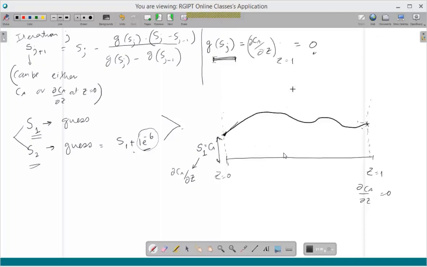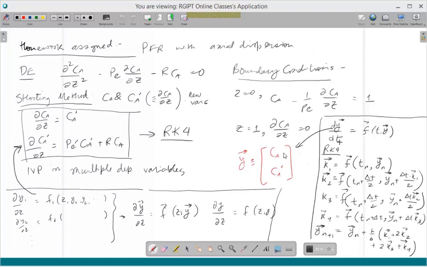Remember, your method allows you to solve for both CA and CA prime, which is del CA by del Z. You get these values at each intermediate point because you're solving for y. If you recall, this is my equation. When you solve for the y vector, you're actually solving for both CA and CA prime.